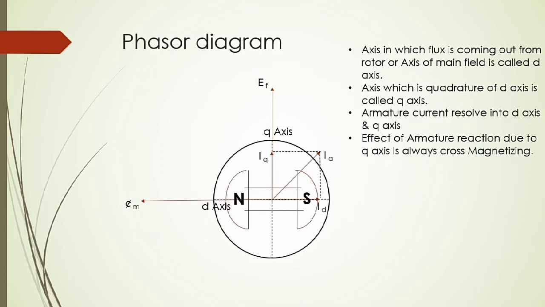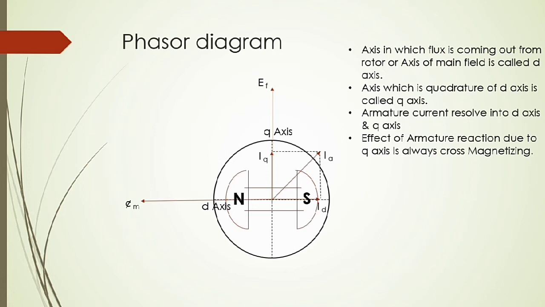After that, we know we have two MMFs: in the d axis we have an MMF of the d axis, and in the q axis we have an MMF of the q axis. Because of this, there is a reactance also. Because we have different MMFs, we have different voltages, so there is a voltage drop also.